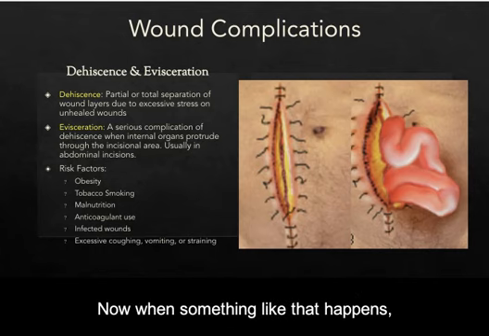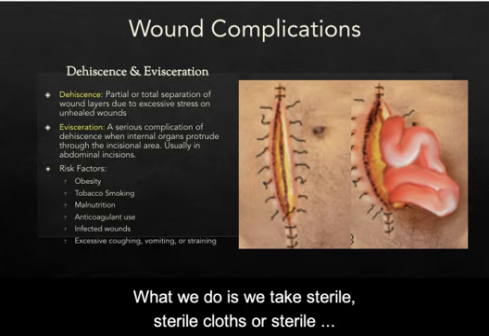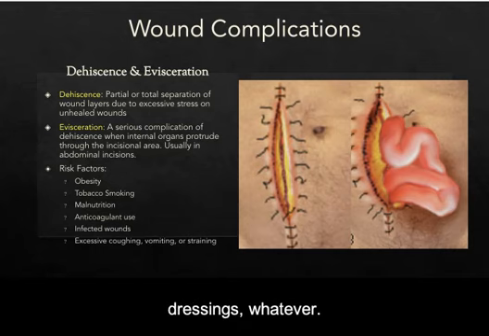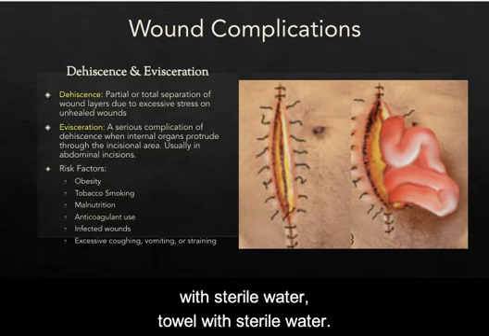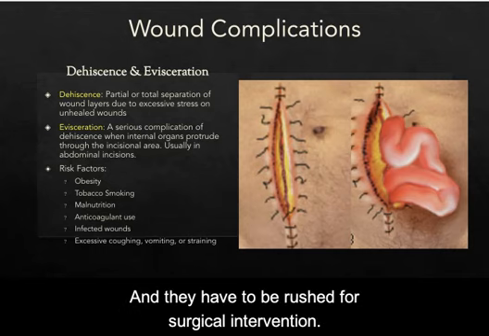Now, when something like that happens, we don't just push those organs back in. No, we don't do that. What we do is we take sterile cloths or sterile dressings, whatever we have, something wet with sterile water, a towel with sterile water, and we put it over there, and they have to be rushed for surgical intervention.